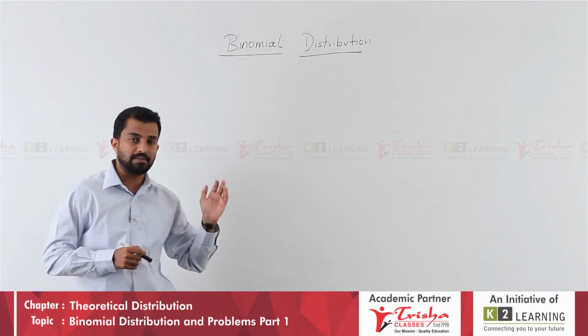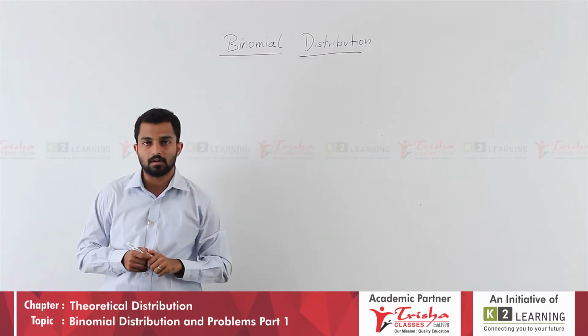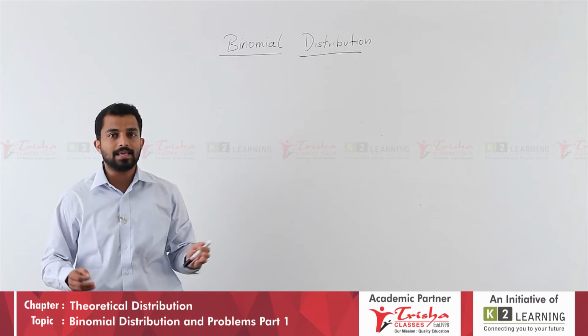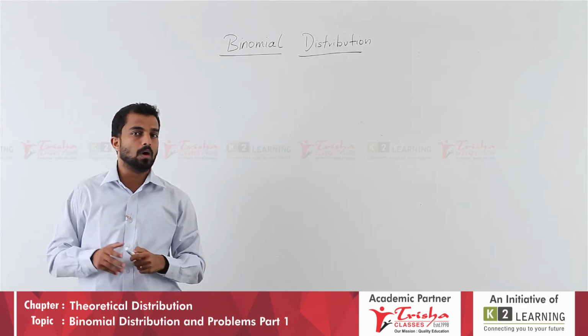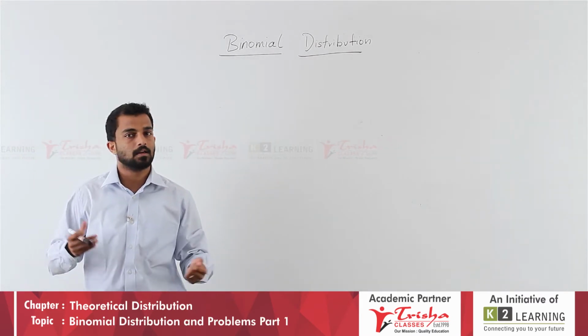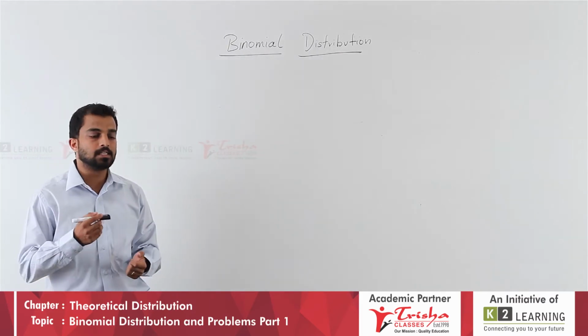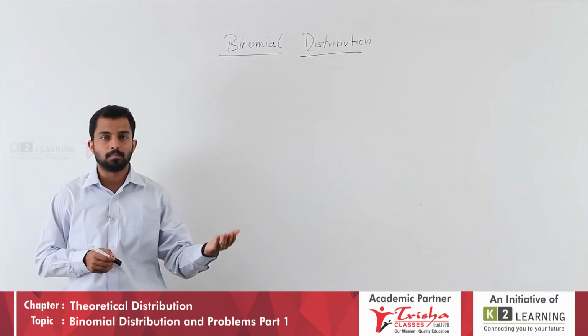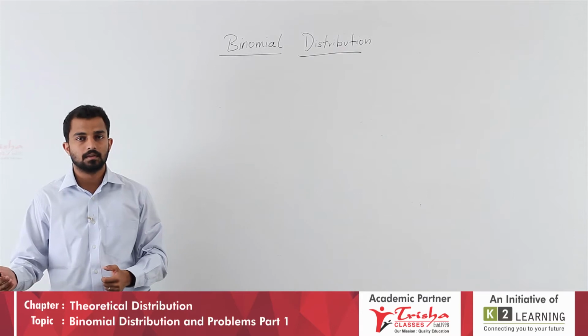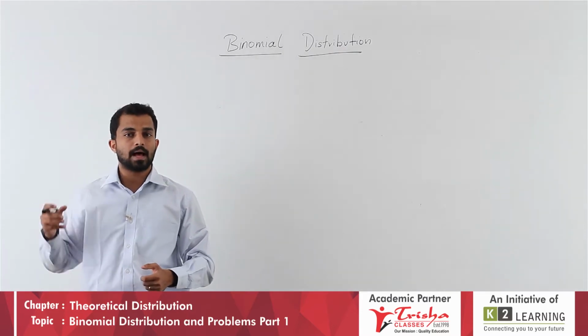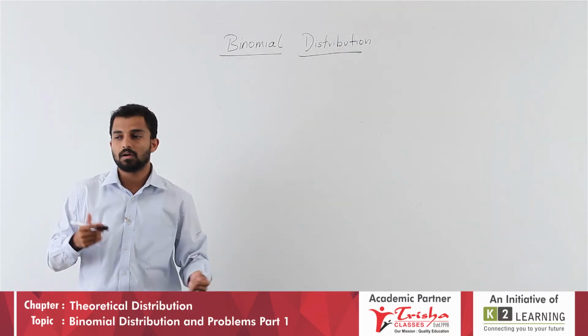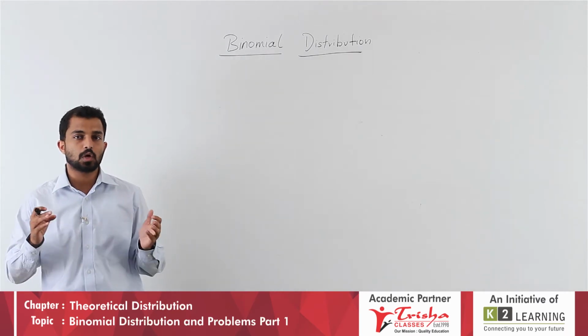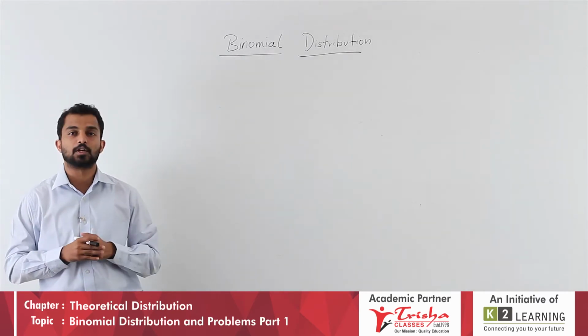In the previous distribution, that is Bernoulli, we saw that any experiment has only two outcomes, either a success or a failure. When a child is born in a family, whether it is a boy or a girl, when an item is picked from the bag, whether it is correct or not correct. This was all we saw in Bernoulli distribution.